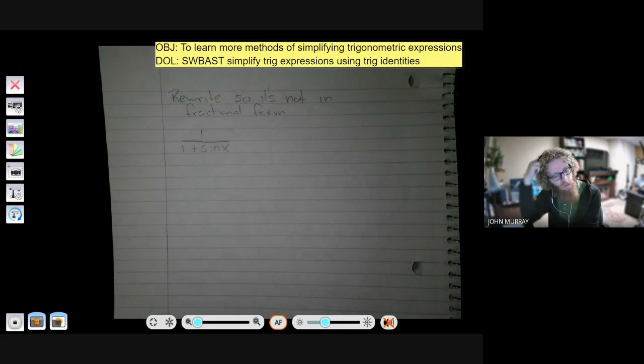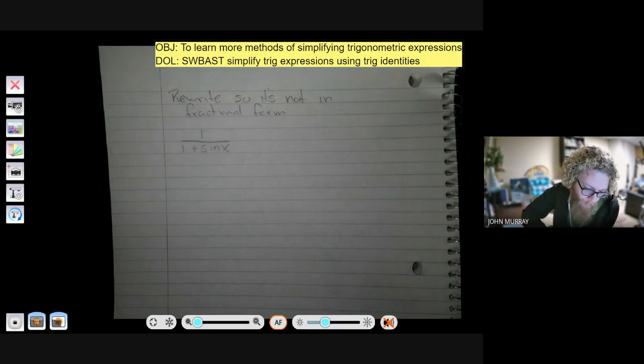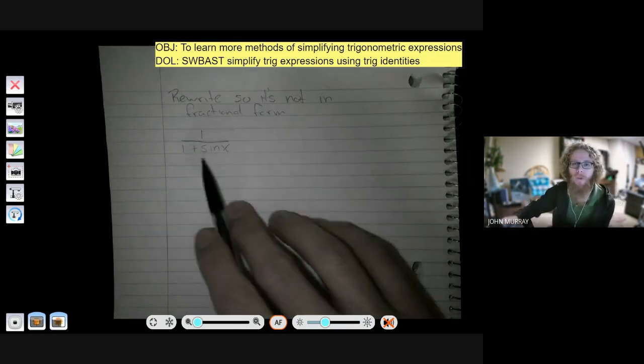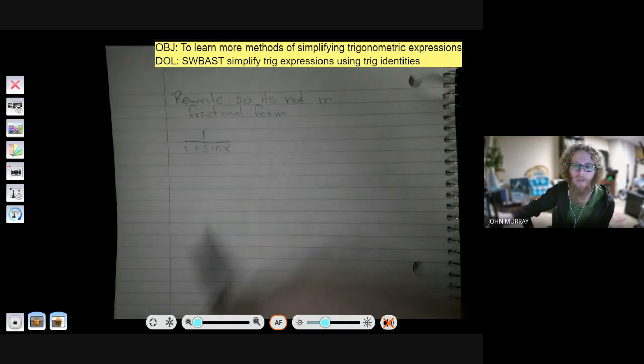Now, we did something kind of similar to this when we did our imaginary numbers and our complex numbers. A good way to start this is to multiply by the conjugate of your denominator.